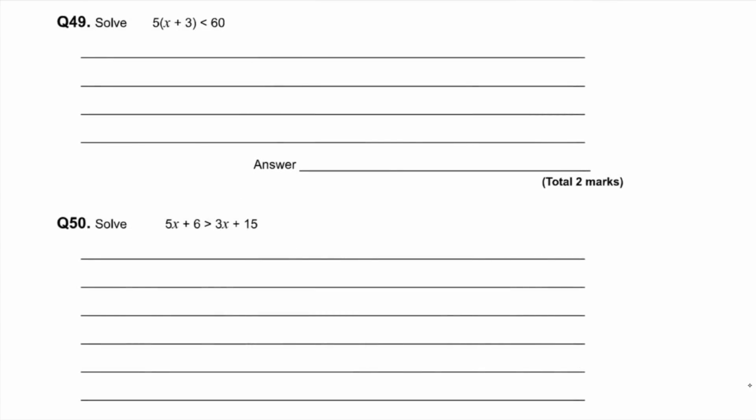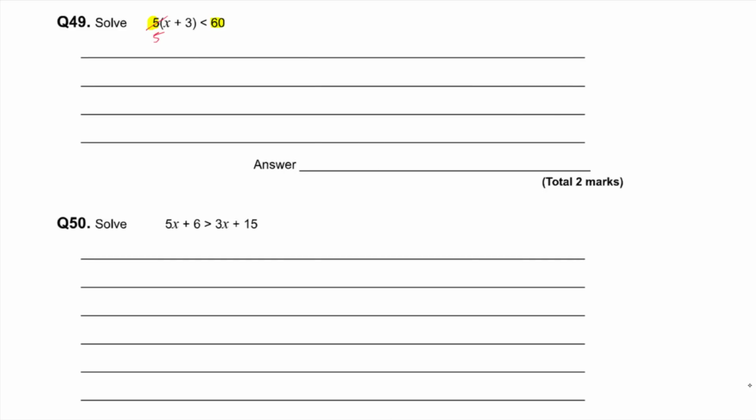Question 49, solve 5 lots of x plus 3 is less than 60. Now, similar to when I was doing the equations earlier, if I've got a number outside a bracket like this, you've got 2 strategies that you might employ. You might multiply out the bracket, but if that 5 divides into the 60, which it does in this case, it's just much quicker to get rid of it by dividing both sides by that number to start with.